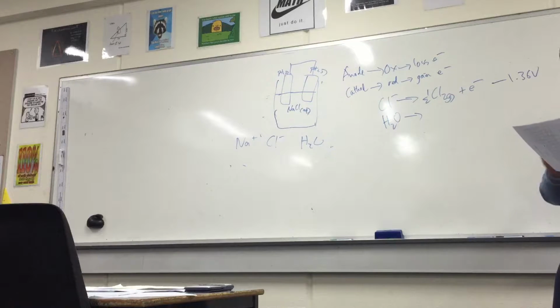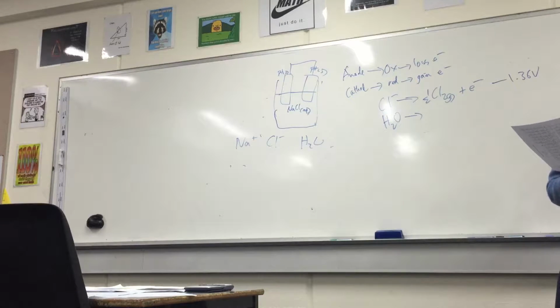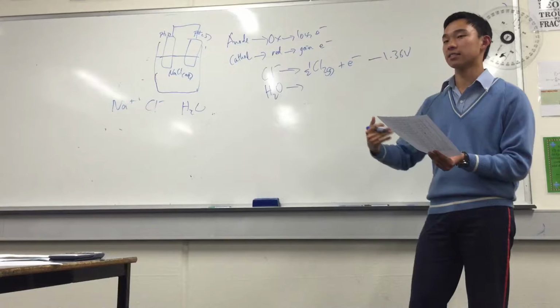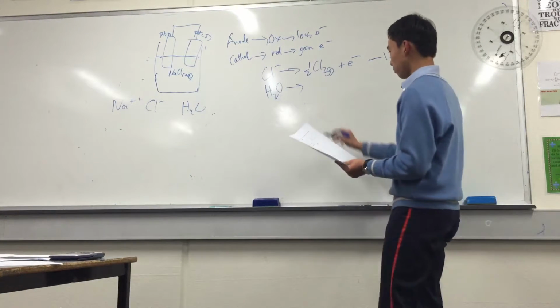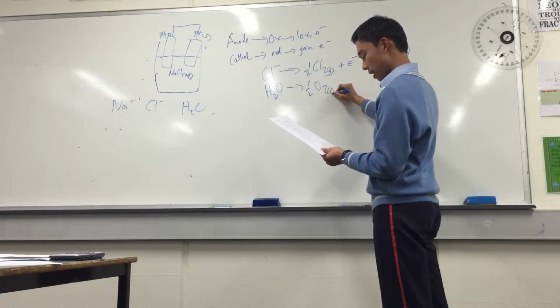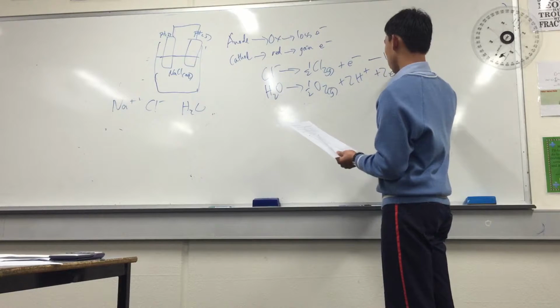So I have to go to the one at the bottom. H2O becomes half O2 plus 2H+ plus 2 electrons, because clearly that is the oxidation of water.